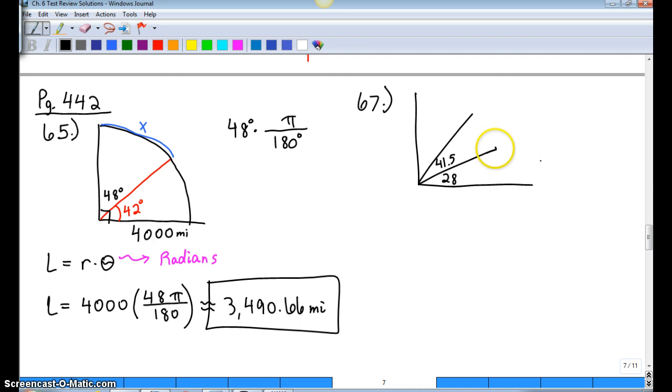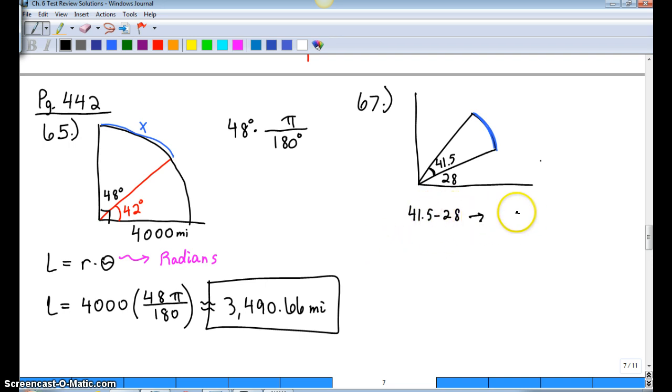So really we're trying to find this little distance right here. How do we find just this angle right here? The angle that we're looking at there is 41.5 minus 28.